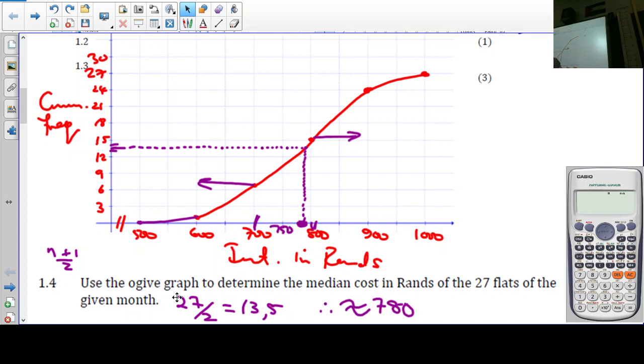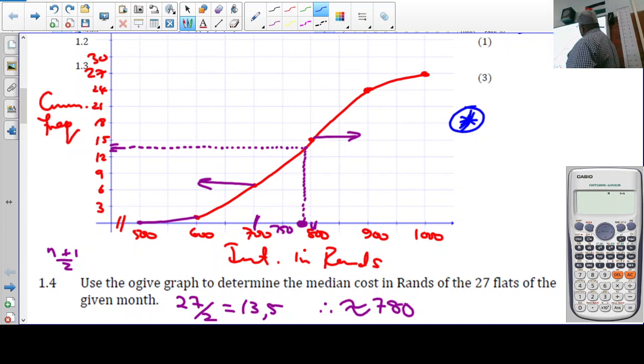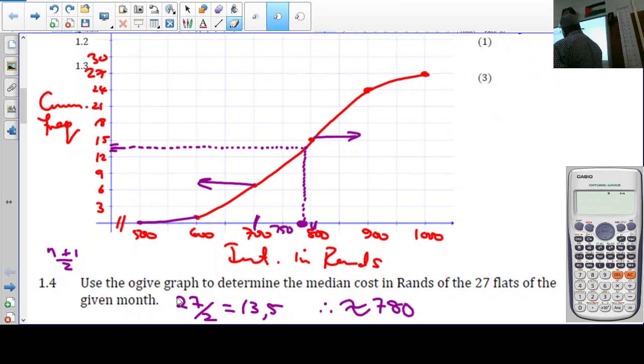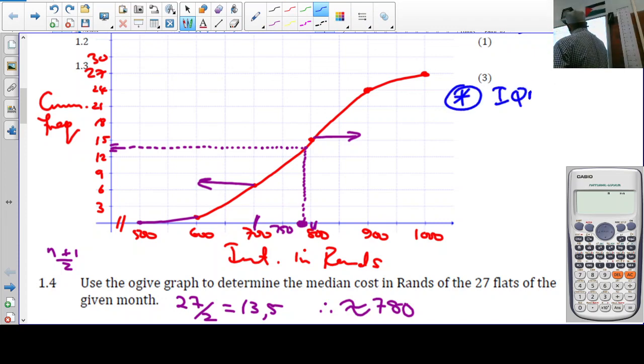Now, this was not on the question paper. If the question was to calculate Q1, your quartile 1, or your interquartile range, we know the interquartile range is Q3 minus Q1. When I ask for the semi-interquartile range, it is (Q3 minus Q1) over 2.